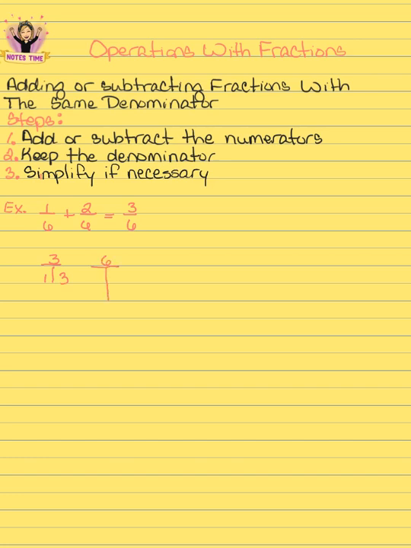We're going to find the greatest common factor between 3 and 6 so that we can simplify. The greatest common factor is 3. So we're going to divide both the numerator and the denominator by 3 so that we can simplify the fraction. That will give us 1/2.